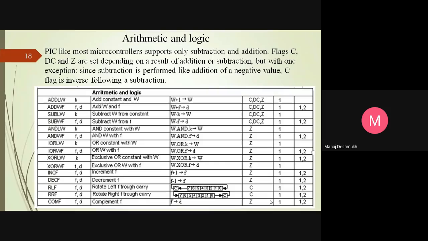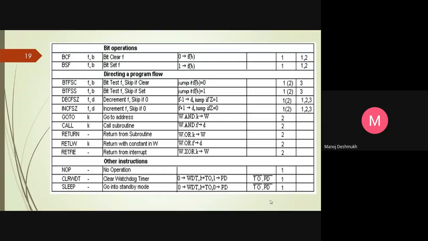Okay, so after arithmetic operations, now some bit operations, that is we are working on some specific bit only. In this case the bit operations talk about changing the status of a particular bit from software. So these come under the category of bit operations, like BCF.